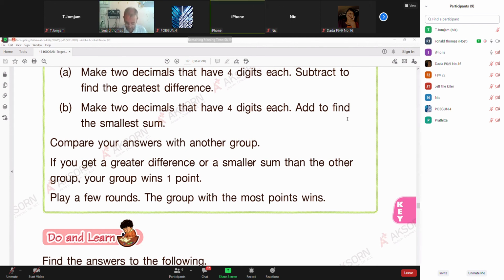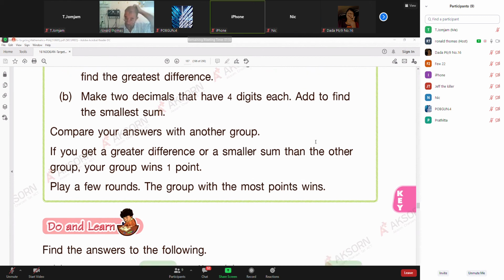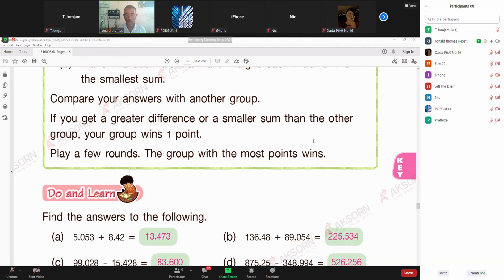Okay, iPhone, what have you got for answer B, please? 225.534. 225.534, okay? Well done.